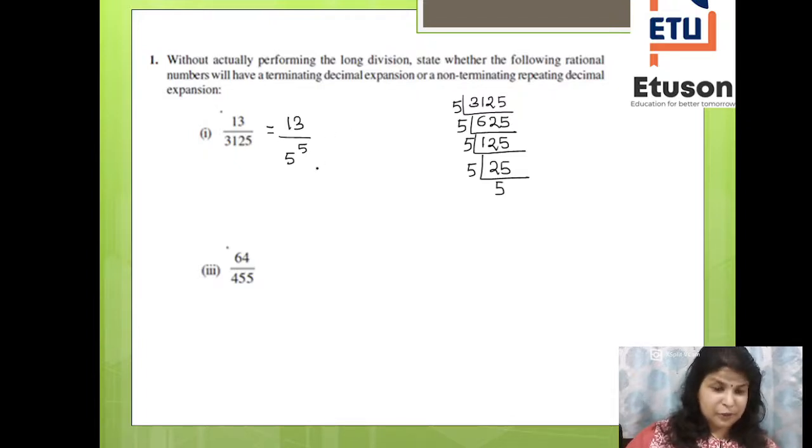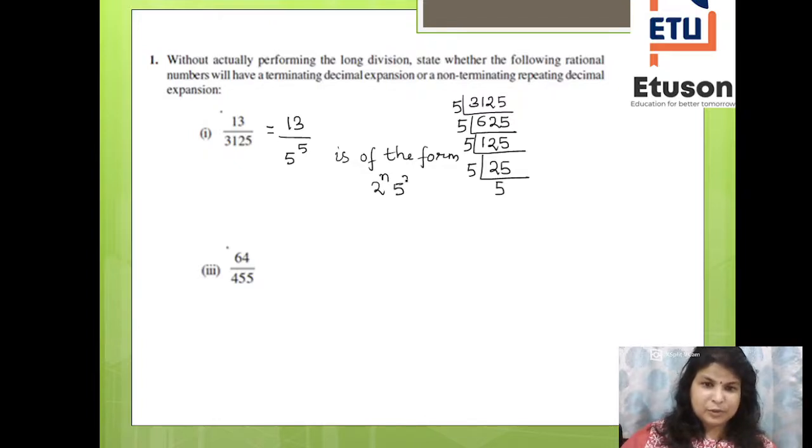So now your denominator is of the form 2 to the power n into 5 to the power m, where 2 to the power n, n is 0 here.